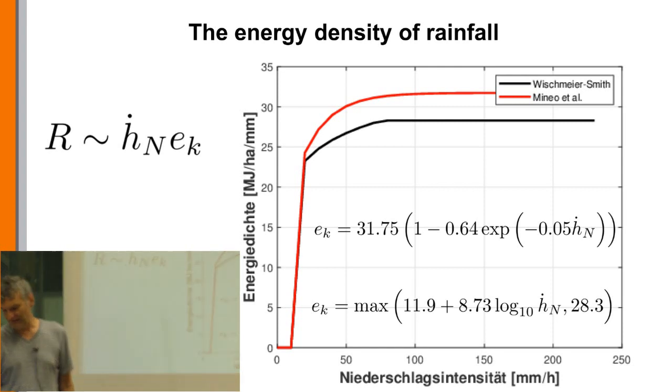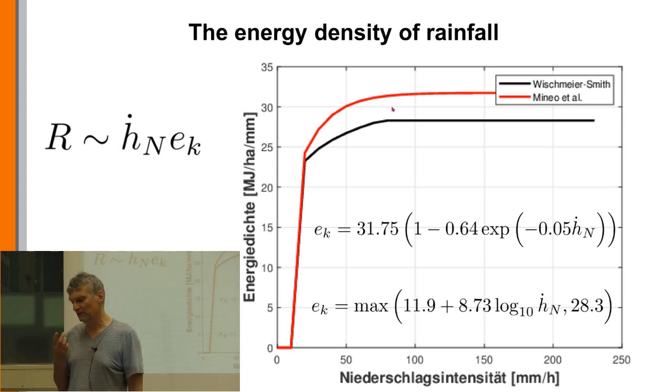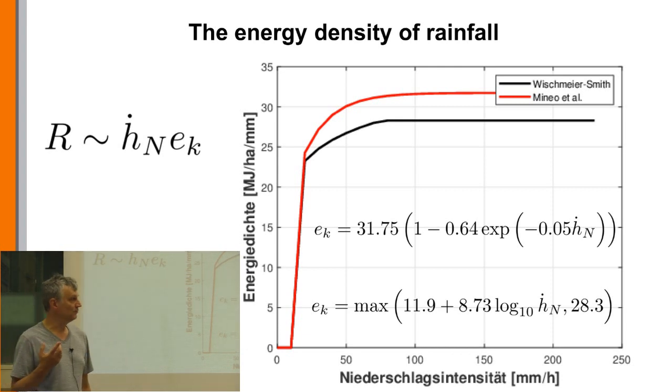All these approaches say that for very low rainfall intensities the energy density is more or less 0. Then it goes up to a certain point, and when we have large rainfall intensities, the energy density does not change anymore. It goes to a maximum, and this maximum is different depending on the approach you use.